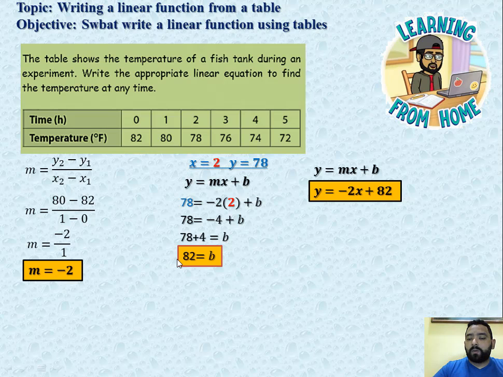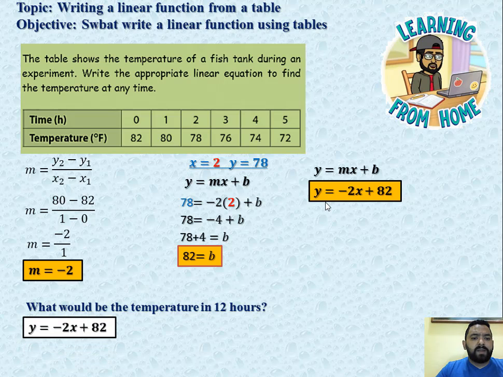Now, with the slope and the y-intercept, you can create your function, which is negative 2x plus 82. Remember, we replace m with negative 2 and b with 82. Then I have a question: what will be the temperature in 12 hours? Remember, with this function we can identify the temperature at any time. So we take the function and substitute 12 hours.